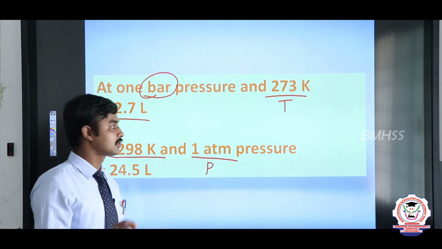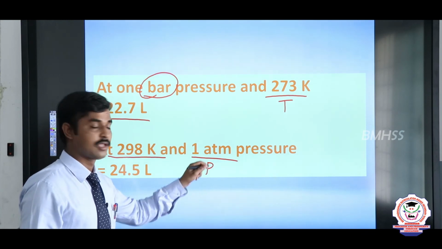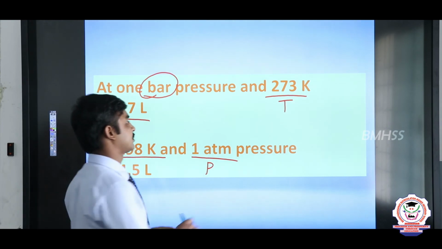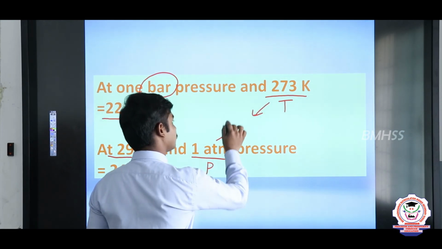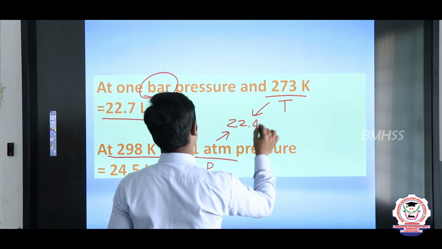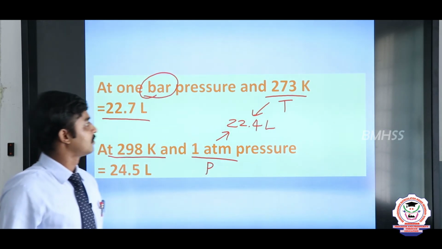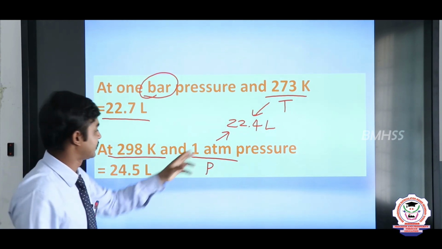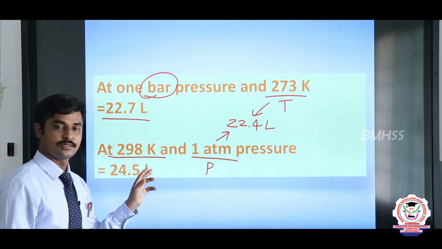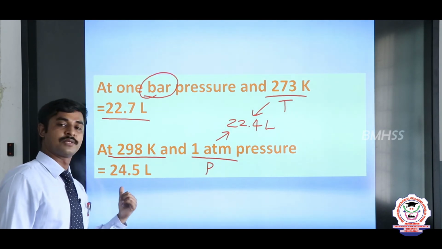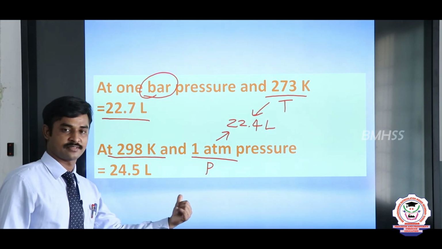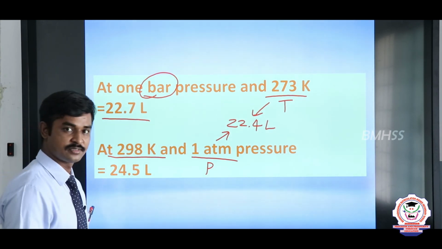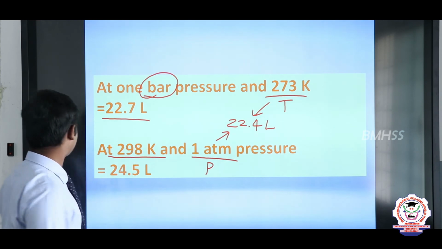At first we use 1 atmosphere pressure and 273 Kelvin temperature as standard, that gives the molar volume 22.4 liter. When we change the pressure, the molar volume is 22.7 liter. When we change the temperature and keep standard pressure, we get the molar volume 24.5 liter. So these 3 values may be asked in 1 mark questions, you need to memorize these values.